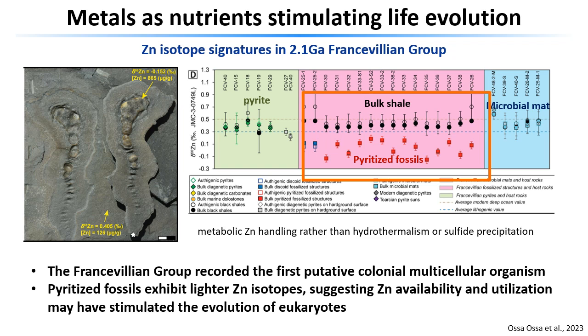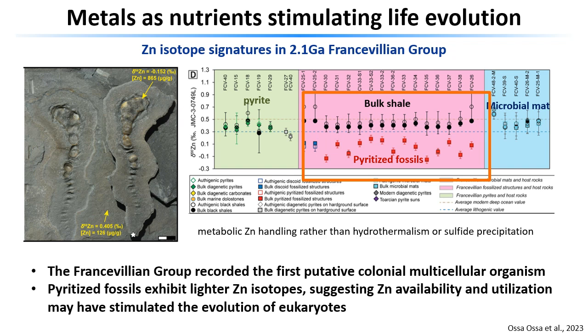And the Francevillian group was reported to record the first putative multicellular organisms. And what we can see from both pictures is that the pyritized fossils are characterized by high zinc content up to 800 ppm, but much lower delta 66 zinc values, for example minus 0.15, compared to the surrounding rocks, for example the pyrite with lower zinc concentration and higher delta 66 zinc values.